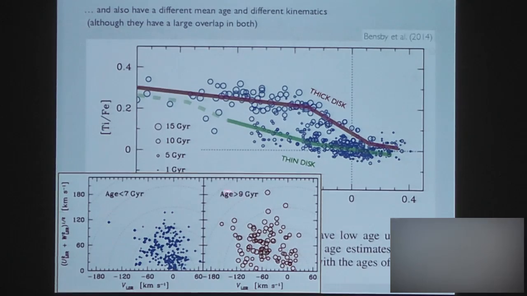Actually, he separated the stars in ages, so in size of the dot, and said that the small dots, the stars that predominantly belong to this sequence, are more concentrated around a motion similar to the motion of the sun.